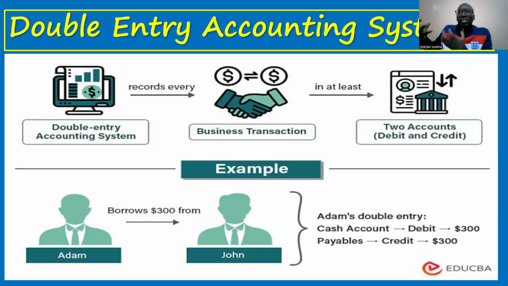And the payables, which is the credit, is also going to increase. The loan, I will have to pay. So yes, I am getting money. There is an increase in my cash, but also my loan, I'll have to pay in future 300. So these are the two accounts. My cash will increase, and also my payable is going to increase, because I will still have to pay this $300 in future.